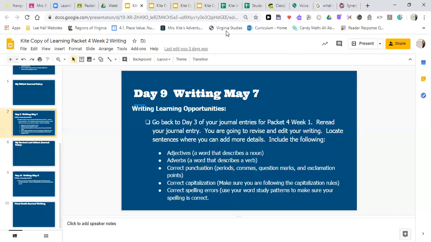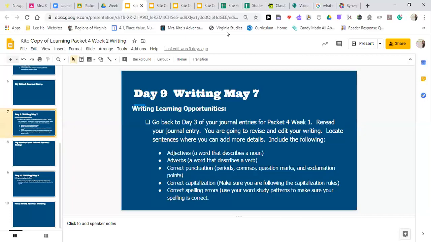Correct punctuation are periods at the end of our sentence. Our commas to separate our ideas in a sentence. Our question marks when we ask a question. And exclamation points when we're excited or we're trying to emphasize our point. Correct capitalization. Follow all the capitalization rules.